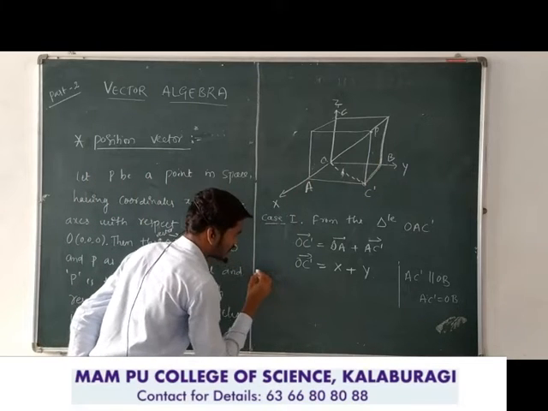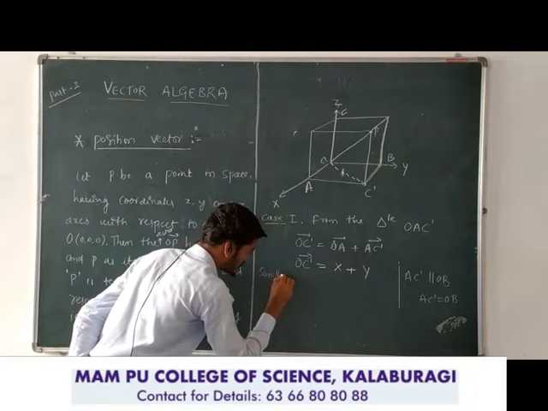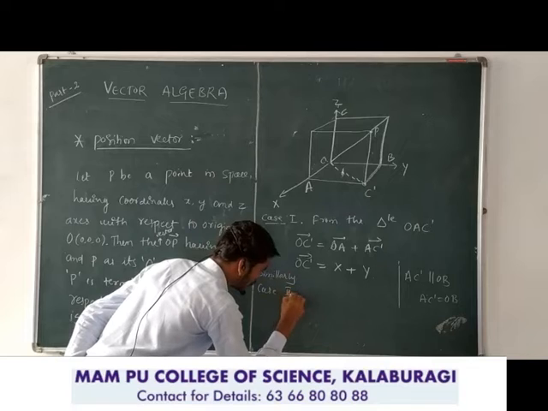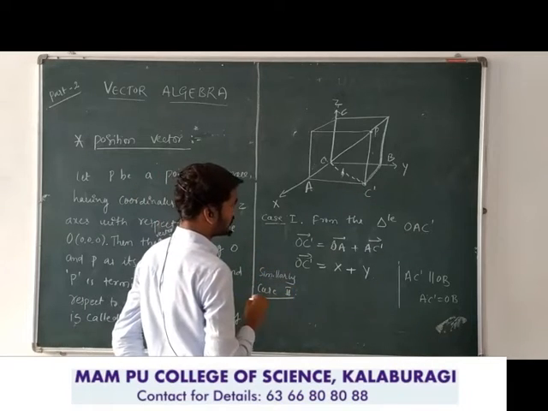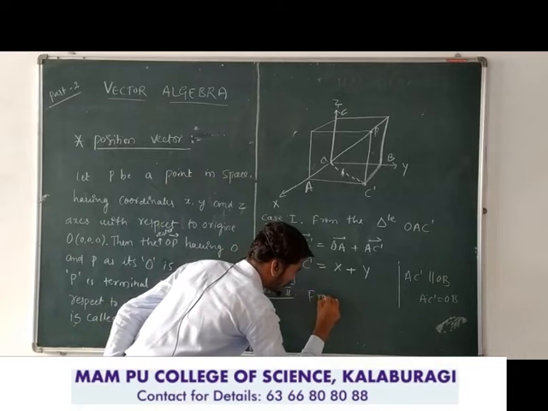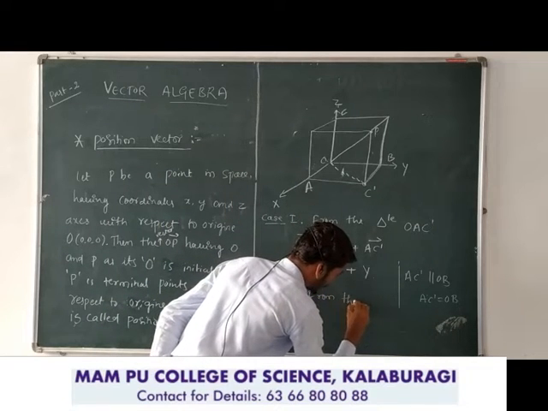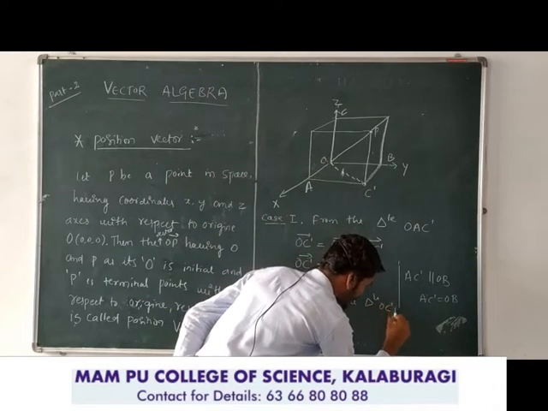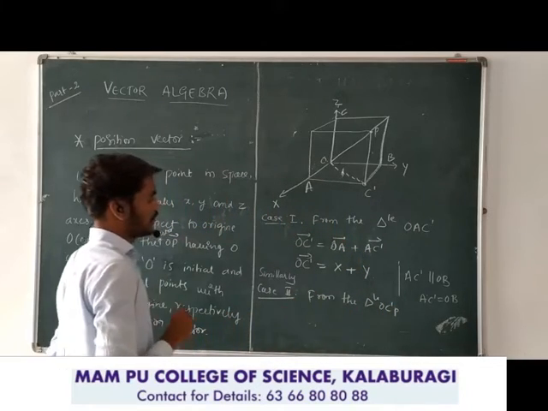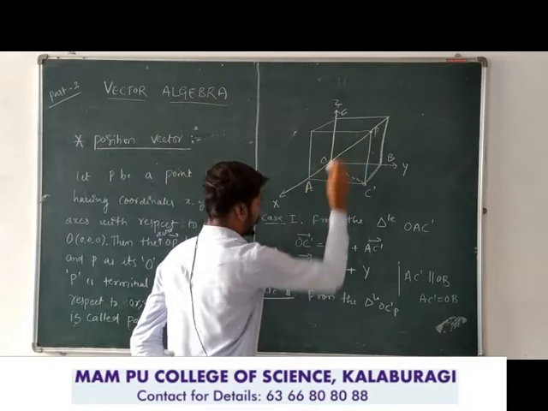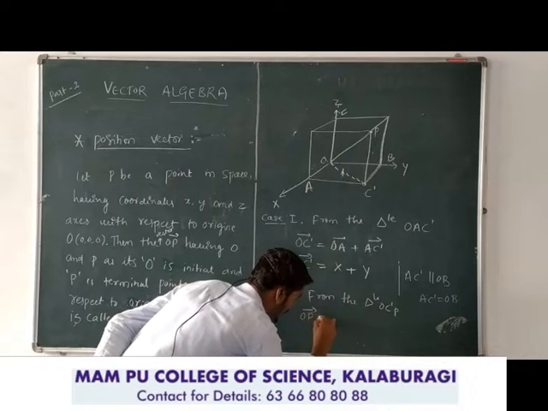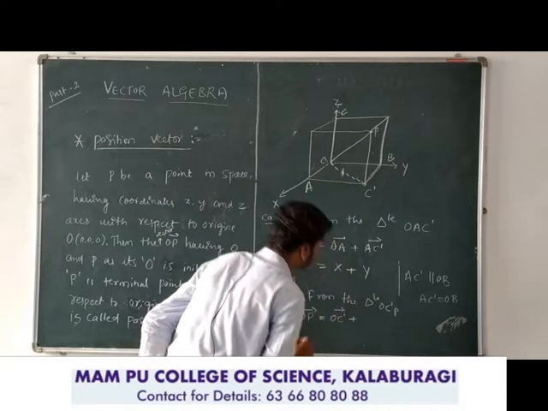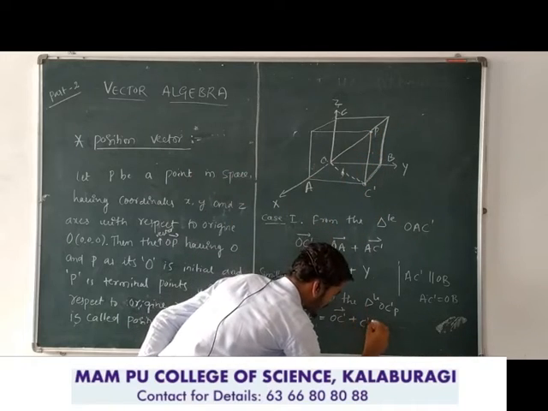Now I'll take case 2. Similarly, from the triangle O C dash P, OP vector is equal to OC dash vector plus C dash P vector.